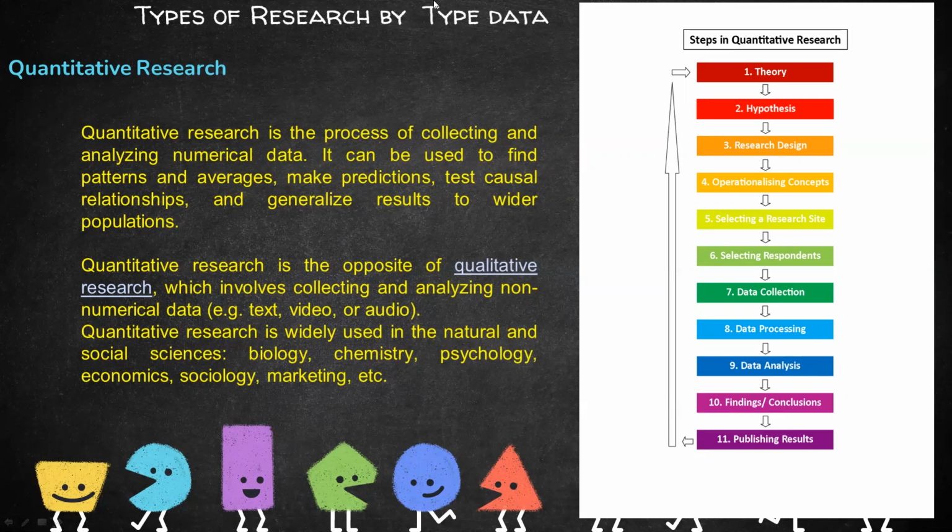Primary means what? Directly from the users you are taking the data. For example, to know the reading habits of the users of a public library, you visit the public library, then you meet the users of the public library based on your random sampling or your sampling technique, and then you collect the data. So that is called primary data.